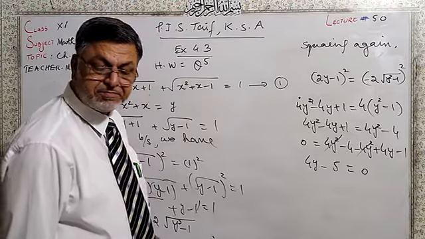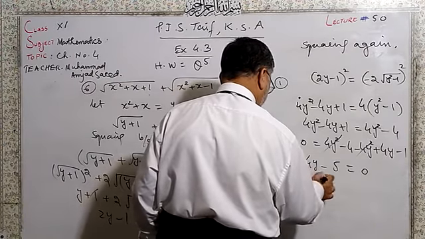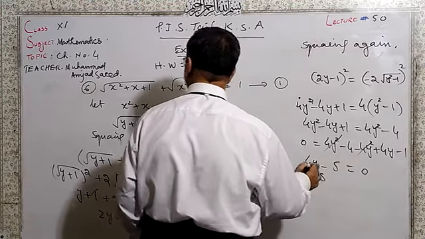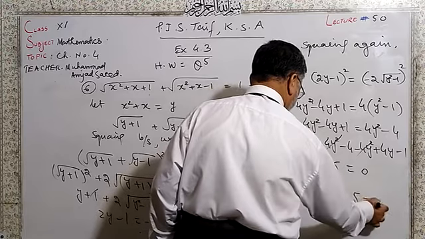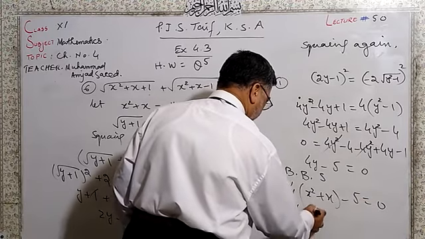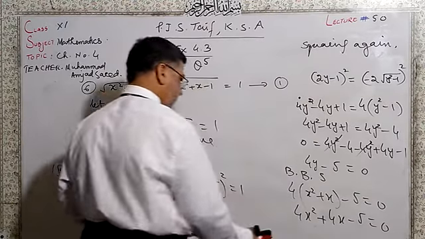After that, by backward substitution, we can apply value of y as x square plus x. 4x square plus 4x minus 5 is equal to 0.